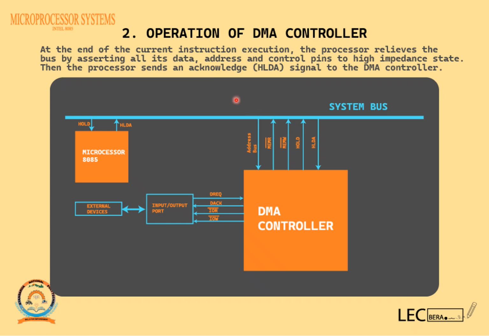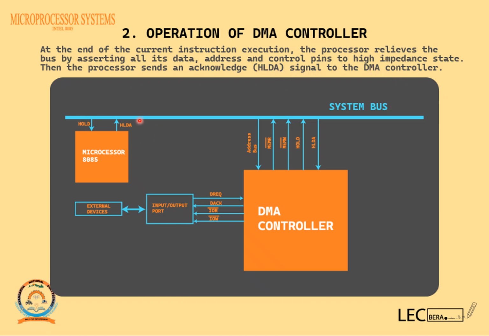The system bus. So at the end of the current instruction execution, the processor relieves the bus by asserting all its data, address, and control pins to high impedance state. Then the processor sends an acknowledge, that is the HLDA signal, to the DMA controller.